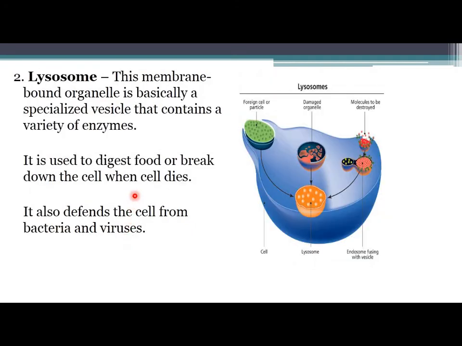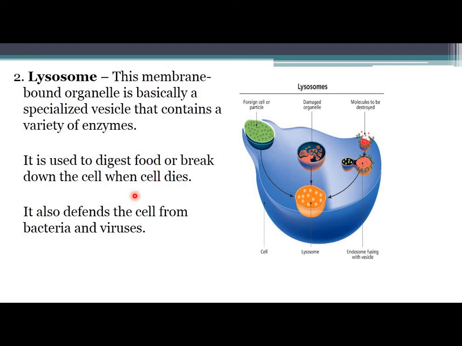Next, we have here lysosome, no? So, lysosome, this membrane-bound organelle is basically a specialized vesicle that contains a variety of enzymes, and it is used to digest food or break down the cell when cells die, no?